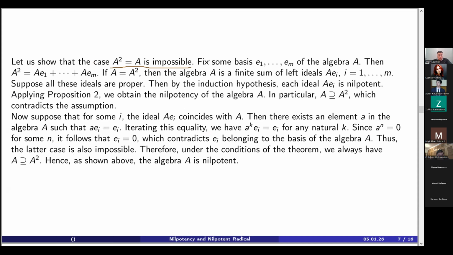In this case, fix some basis of the algebra A, e1, e2, and so on, em. Then A square is equal to A e1 plus A e2 plus and so on A em.